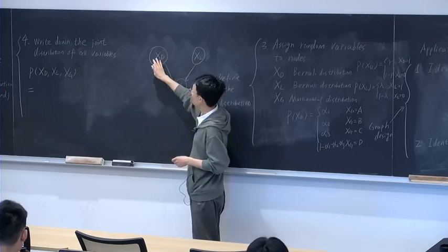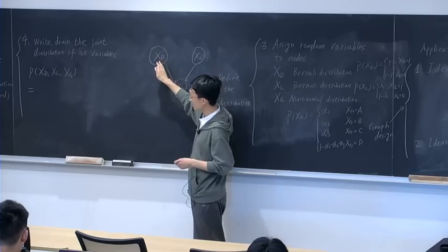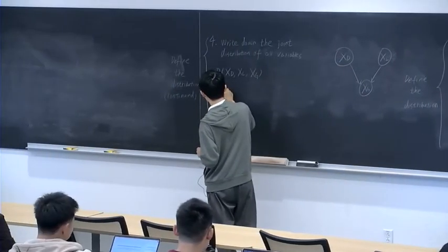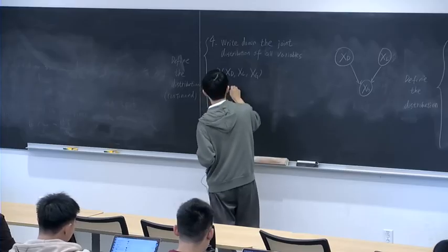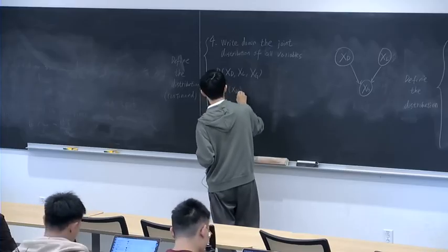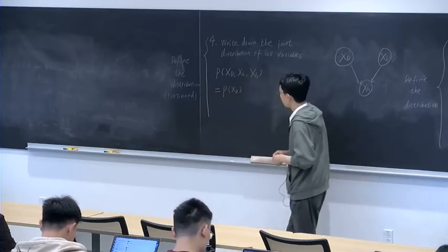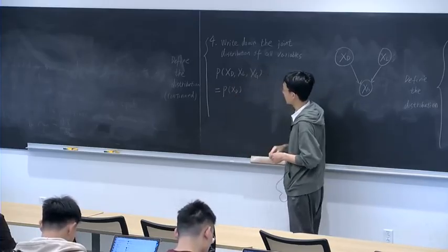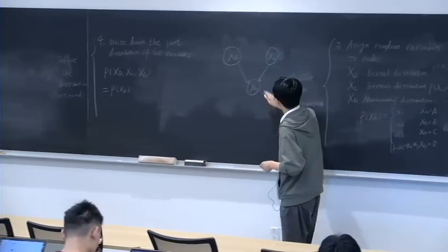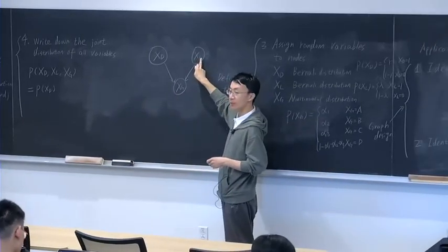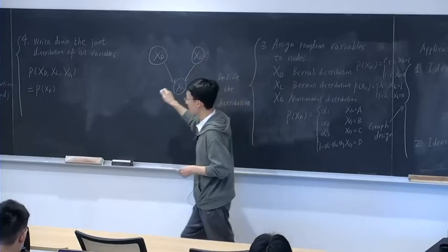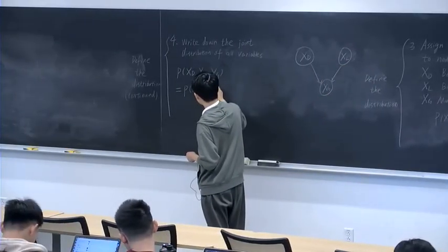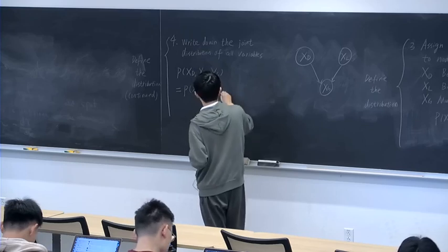For a node with no parent, we just write down the marginal probability P(xd), because it has no parent. And this node has no parent either, so the same thing: we just write down the marginal probability of this node, P(xl).